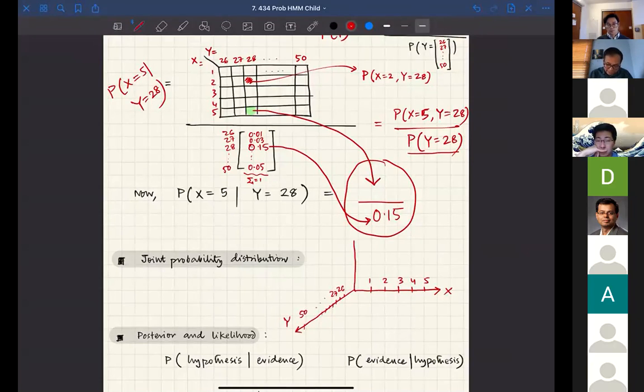And this is your probability of x comma y. Whenever you see this random variable x, y, think of it as x equals 1, 2, 3, 4, 5, or x equals all the values that x can take, and y equals all the values that y can take. And then reason about it, it will become clear.